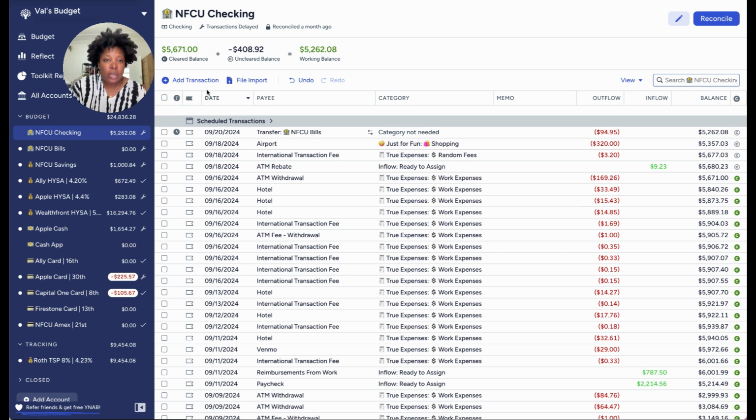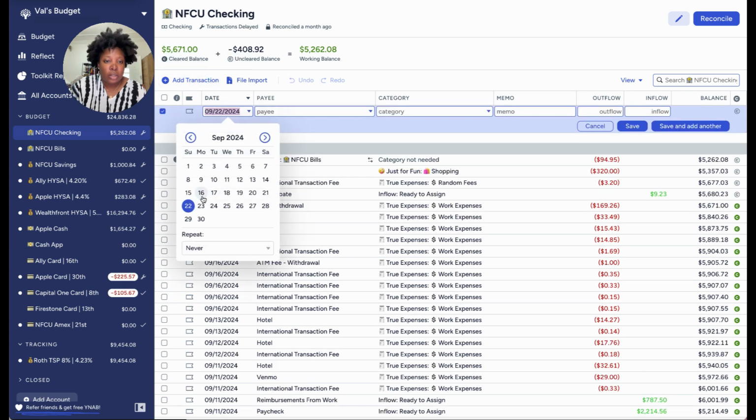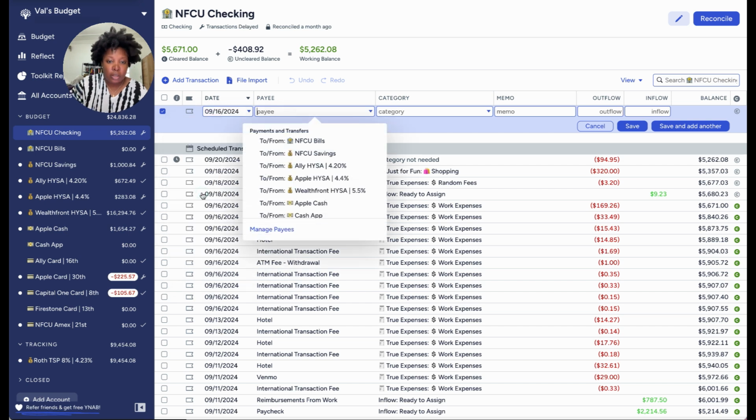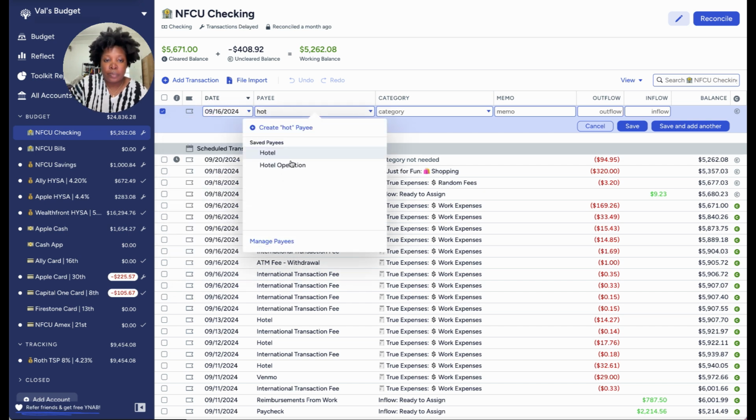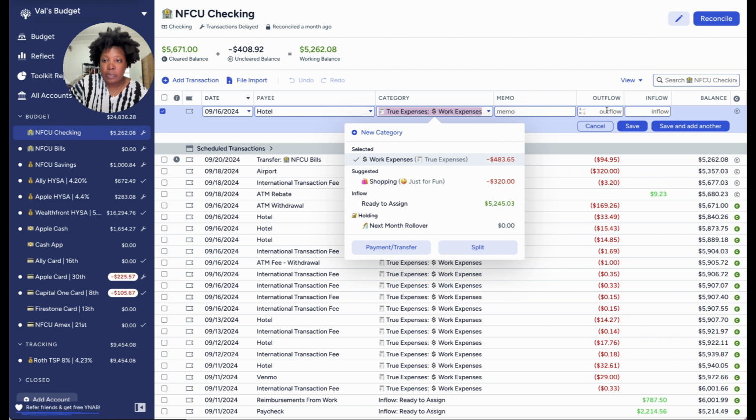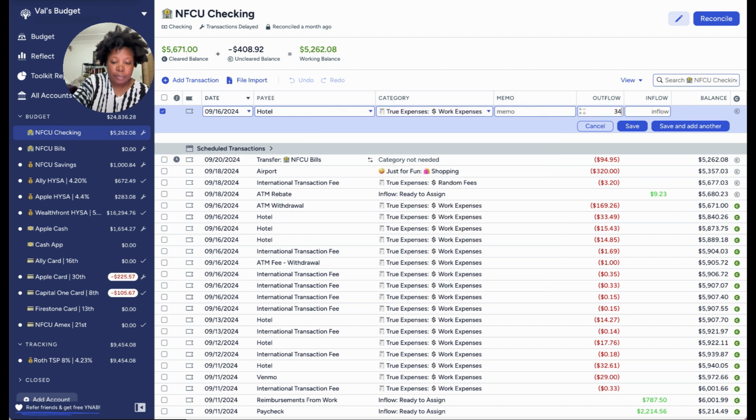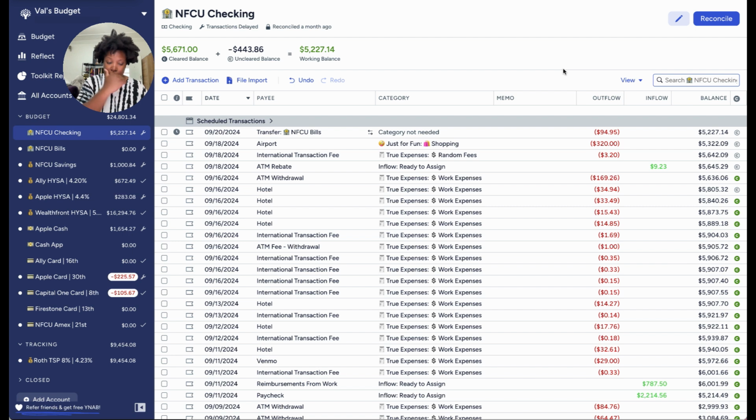So let's just go ahead and add the transaction. And this was on the 16th. Hotel, work expense, and $34.94. All right, and so now the transaction corrected the amount.